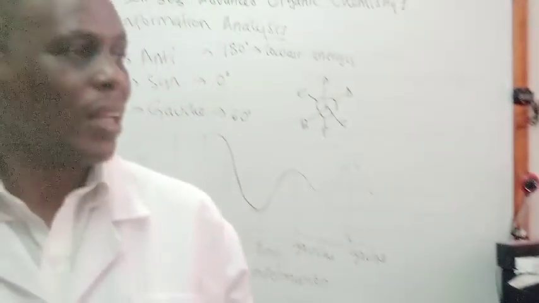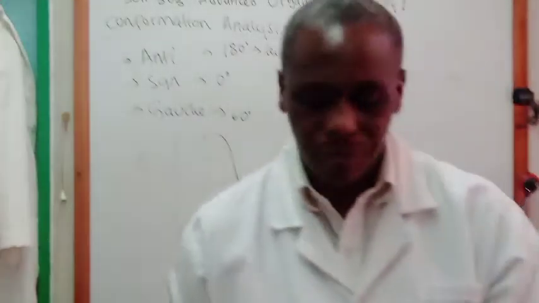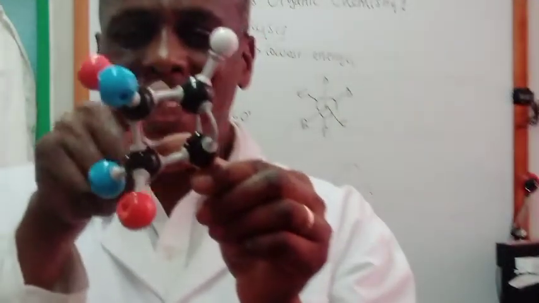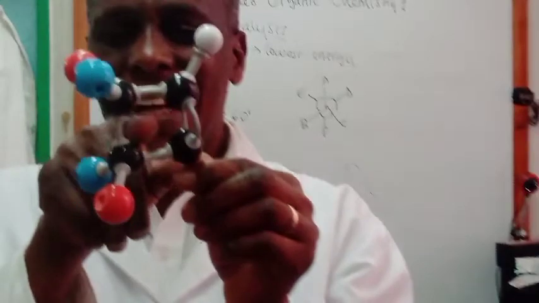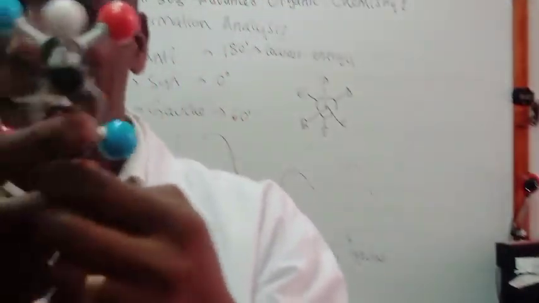Three-membered rings, and especially four-membered rings, have the highest ring strain. In this case, I've illustrated a four-membered ring in which the bond angles are 90 degrees, and it also contains a double bond.